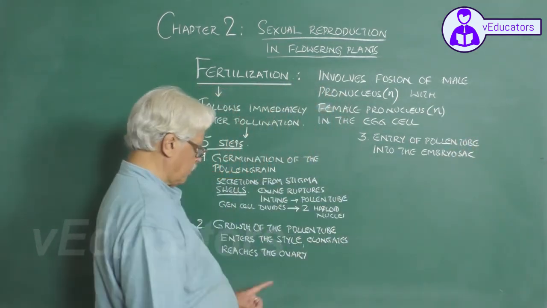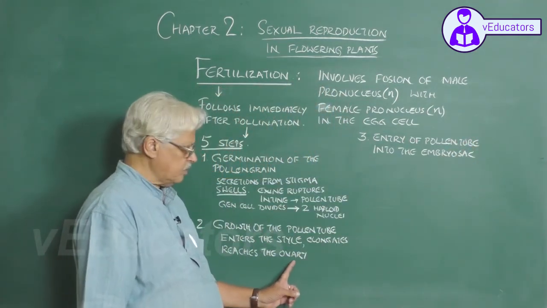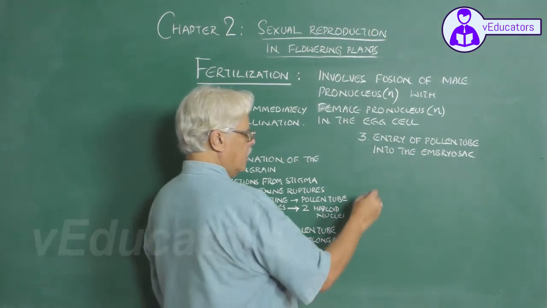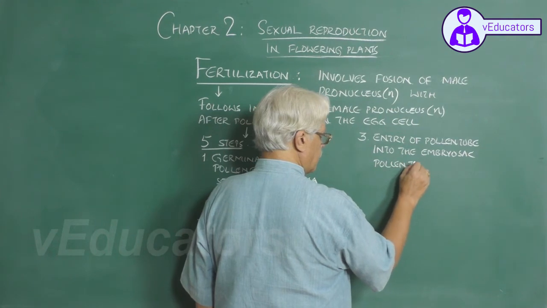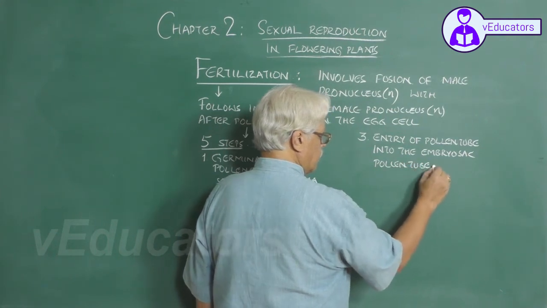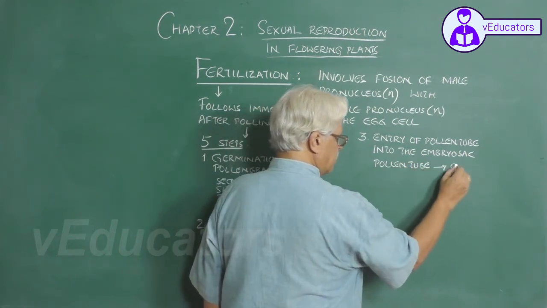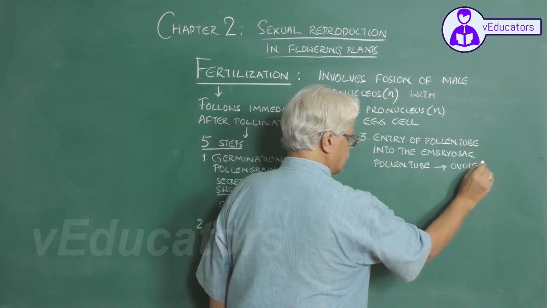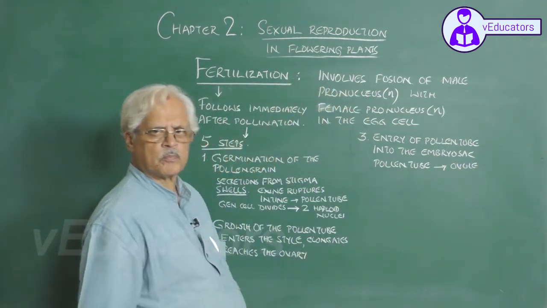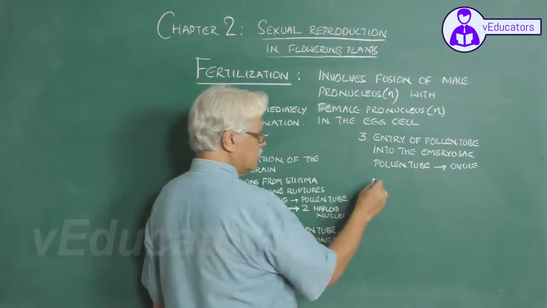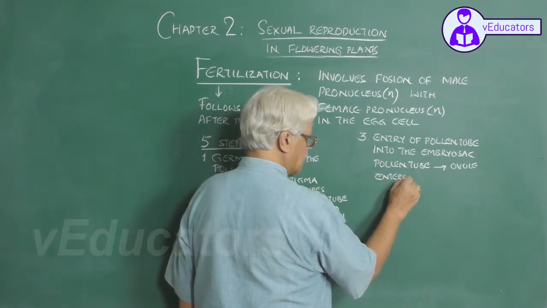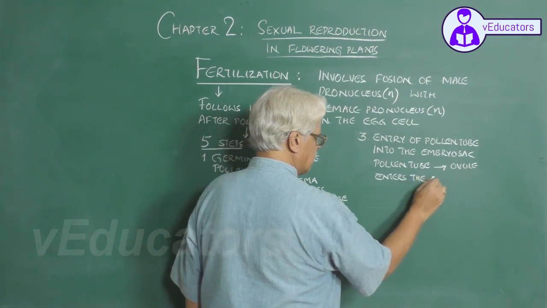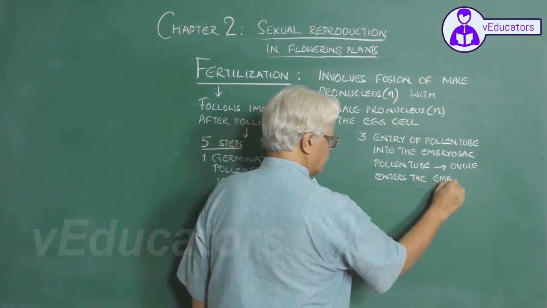Once the pollen tube reaches the ovary, pollen tube establishes contact with the ovule and enters the embryo sac.